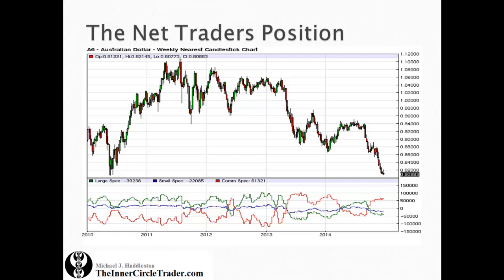You can clearly see that during this time here at this high, they were heavily net long, or they expected higher prices. At the same time, the banks are saying, no, it's time to turn this bad boy around, and the selling pressure began. As the two crossed here, you can see that they're always diametrically opposed.